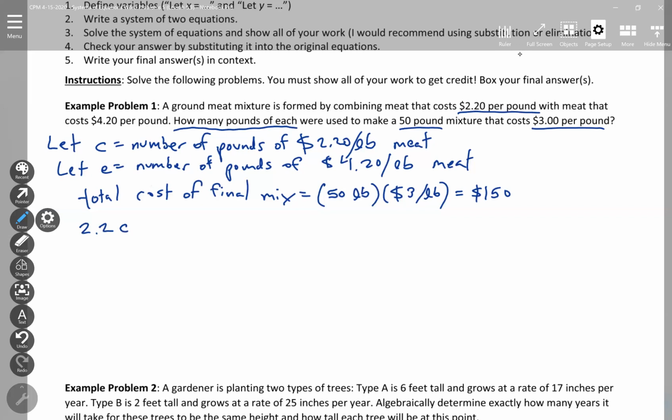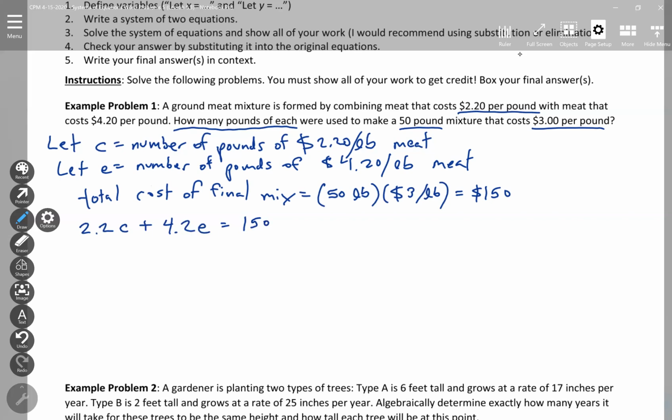So that's why we're multiplying here. Same thing for the expensive meat. We need to add the cost of the cheaper meat and the cost of the more expensive meat to find the total cost. So for the more expensive meat, we take the cost per pound, $4.20, and multiply it by the number of pounds, which we defined as E. That is going to give us the total cost, which we found to be $150. So that's our first equation.